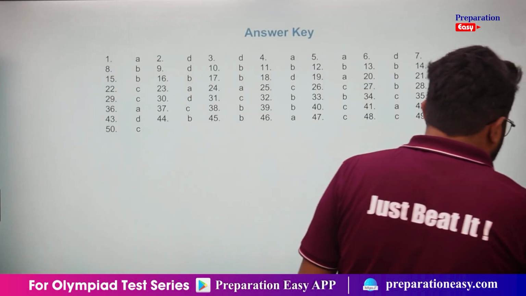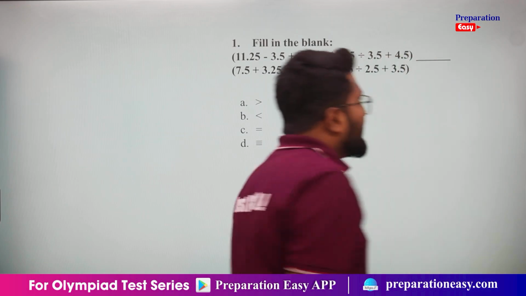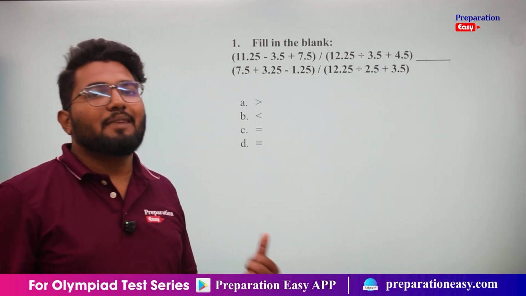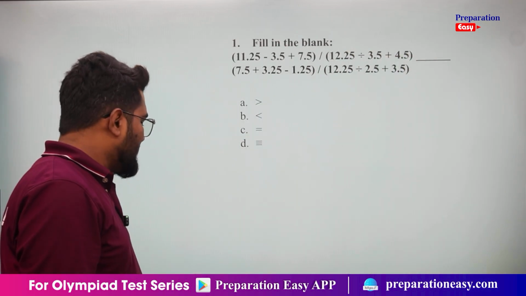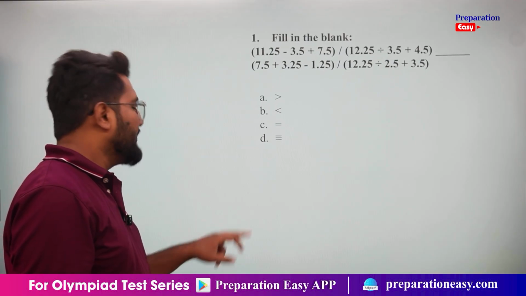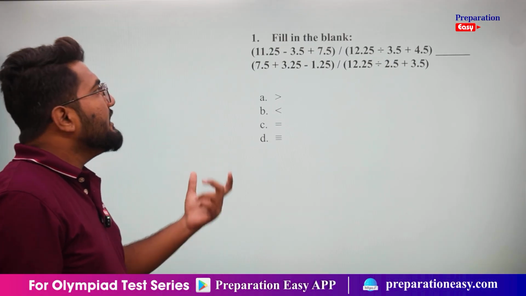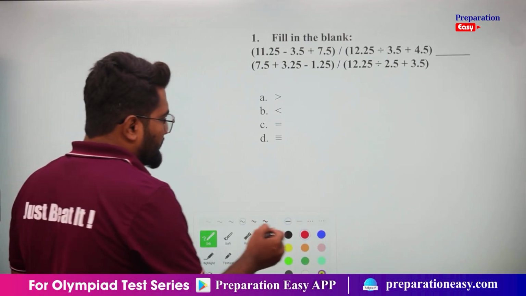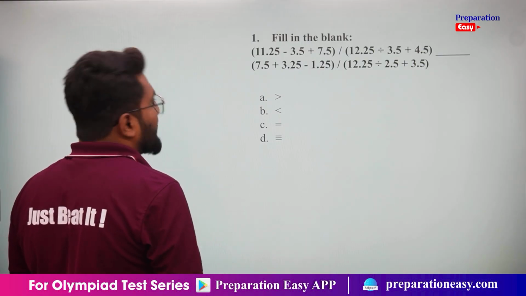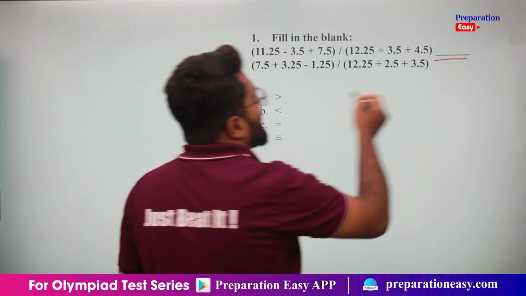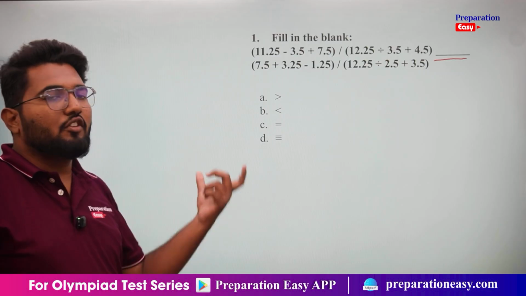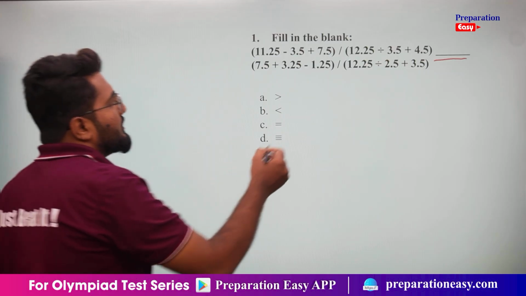So let's start with our first question of the practical mathematics section. This question will be for 1 mark. So what is the question? Fill in the blanks. Before filling in the blanks, we have to solve these equations. What is the first equation?